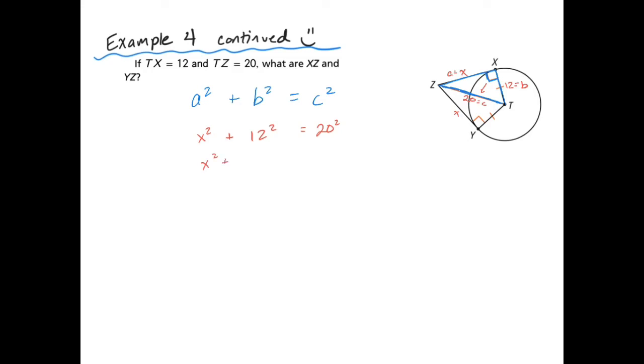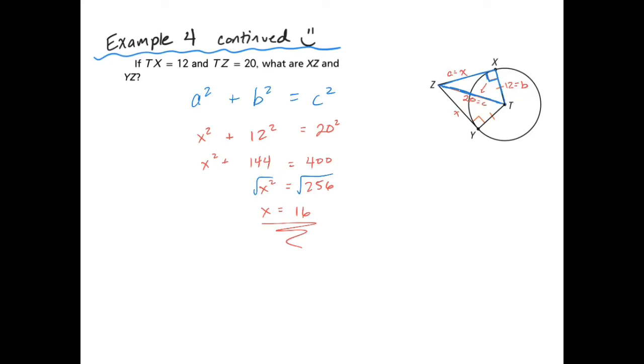Say x squared plus 12 squared is 144, and 20 squared is, oops, not 200, it's 400. Then we could subtract the 144 and say that x squared is equal to 256. And then how do we undo a square? We square root. So x equals the square root of 256, which is 16.